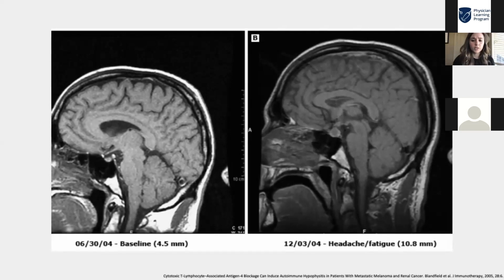All patients were diagnosed with autoimmune hypophysitis by their presenting symptoms as well as blood work that showed panhypopituitarism. And 7 of the 8 patients had a significant increase in size of the pituitary gland, as well as significant suprasellar extension. So 1 year later, all 8 patients still required hydrocortisone therapy, and 3 patients required ongoing thyroid replacement, as well as testosterone replacements.